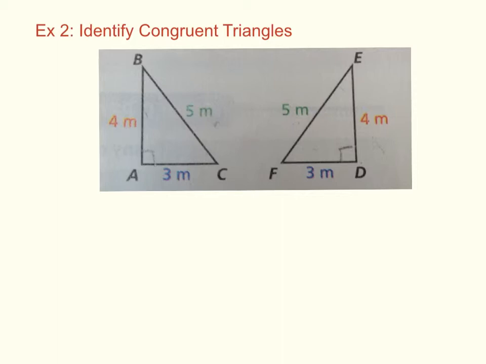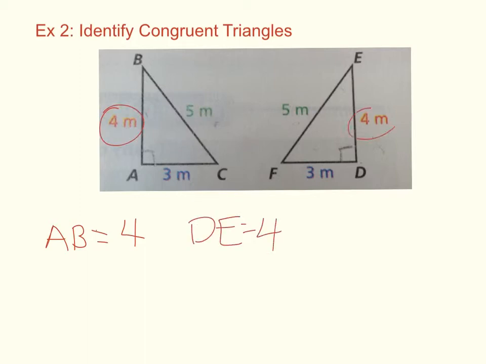So taking that information, the side, side, side, we're going to look at these two triangles here and determine whether or not the triangles are congruent. So here we have, and you've pasted this picture into your notebook already, length AB, which is 4. And then we also have length DE, which is 4.